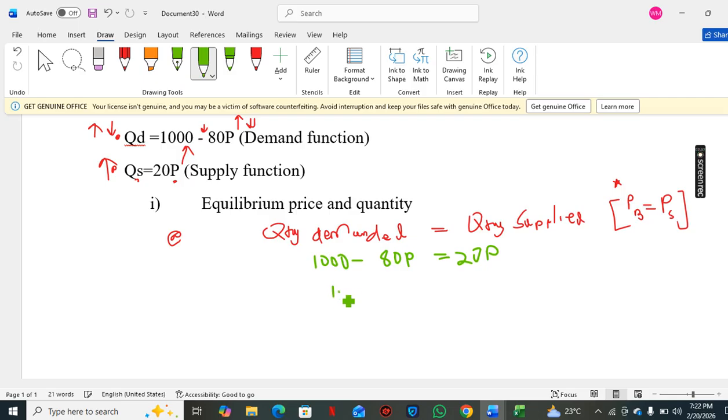So you can just say 1000 equals 20p. This negative 80p crosses over the equal sign, it becomes positive 80p. Then you have 1000 here. 20p plus 80p, you get 100p.